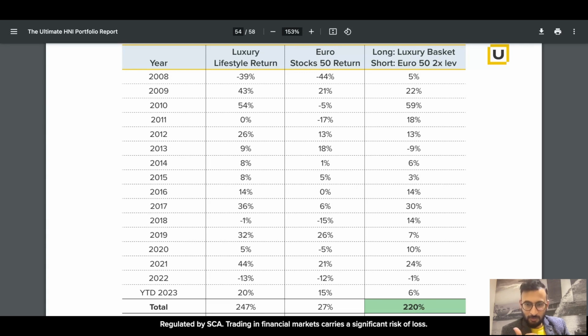Even when prices are going negative, the asset which went down less compared to the other outperformed. In an increase in prices, the index which went up more than the other outperformed. So out of 16, I want to know how many times luxury lifestyle actually outperformed.